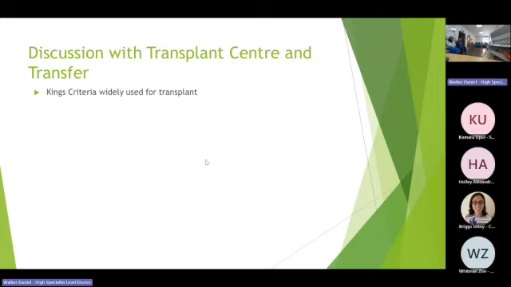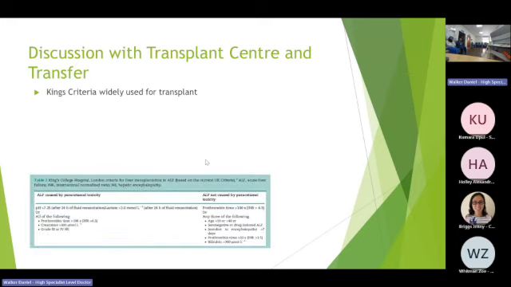Does anyone remember the King's criteria off the top of their head? pH less than 6.5, yeah, despite 24 hours of fluid resuscitation. It depends on whether it's paracetamol or not, but also INR. King's is widely used worldwide as the criteria for transplant.